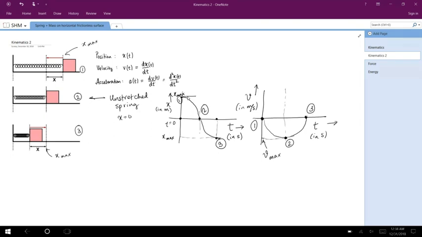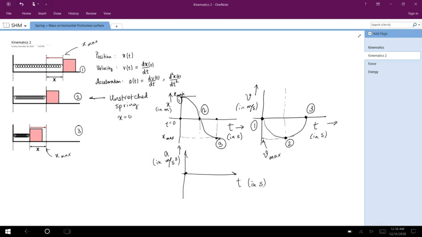So now that we have our position as a function of time and velocity as a function of time graphs, we can go ahead and plot acceleration as a function of time. So time t in seconds is along the x-axis, and acceleration a in meters per second squared is along the y-axis.